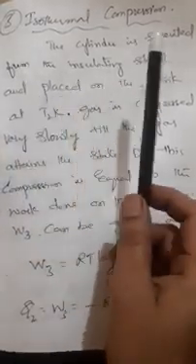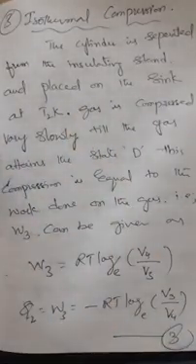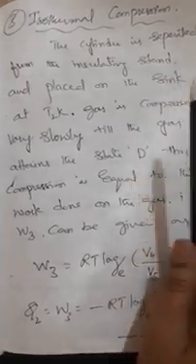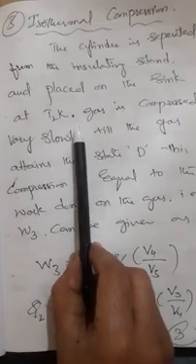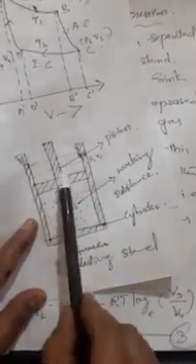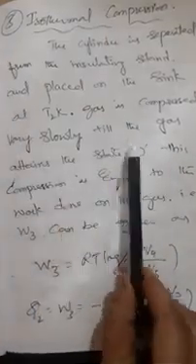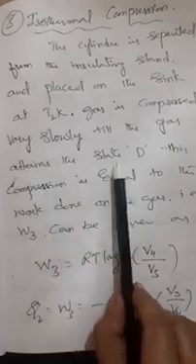Generally the surroundings are considered as the sink, where the temperature is T2 kelvins. Here the gas is compressed slowly. Move the piston downward slowly, till the gas attains the state D.